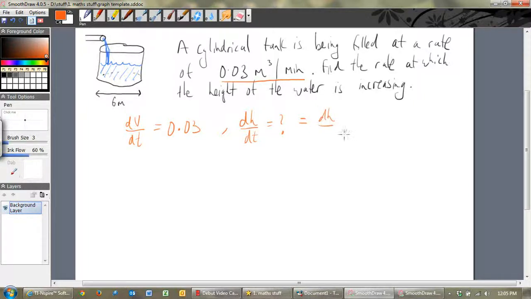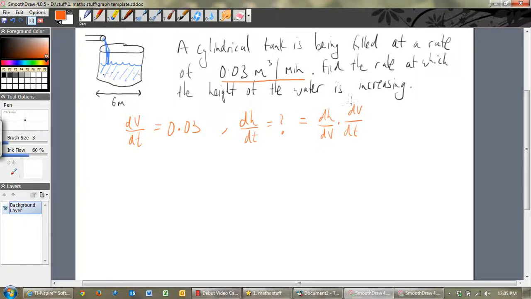So there's the chain rule, and what you want to do is fill in the gaps here. What could you put into here? What do you already know? Well, we know dV dt is 0.03, so that's a good idea. Let's put dV in here to make dV dt like that. So down here we need to put dV, and that gives us our dH dt.